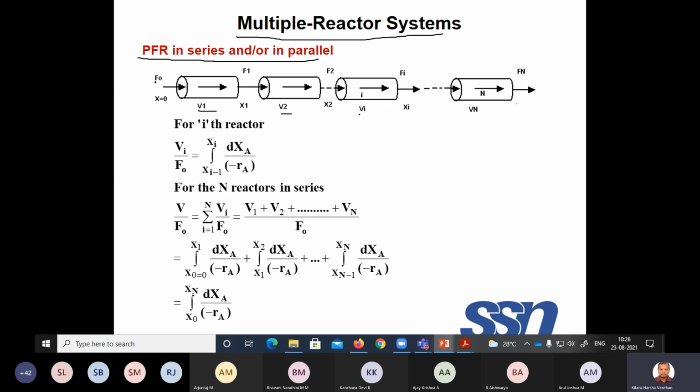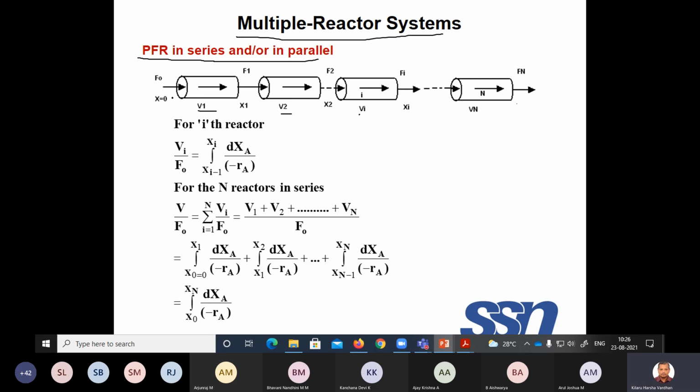We know that F naught is the flow rate into the first reactor. F1 is the flow rate coming out from the first reactor, which goes as an inlet to the second reactor. F2 is the flow rate to the third reactor, like that. Let conversion X be 0 here.